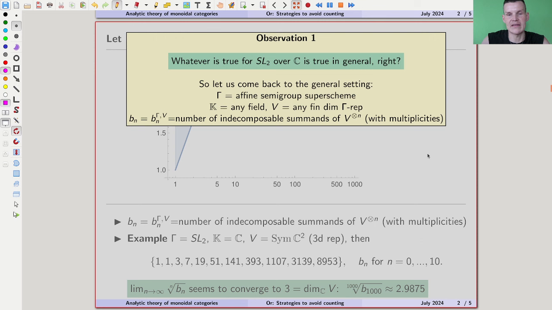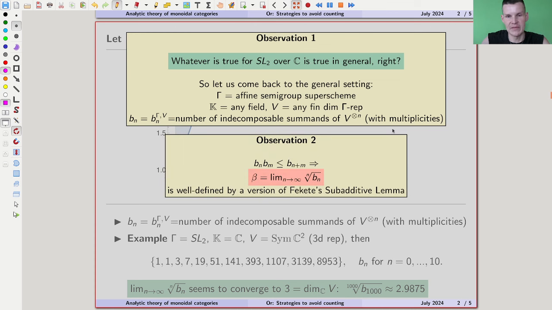Kind of same setting, right? So analog of the prime number theorem. We count the number of summands. Okay, and the reason I really want to take the nth root is a certain type of lemma called Fekete's subadditive lemma, just in the multiplicative sense, where this equation actually implies that the limit of the nth root is well defined.